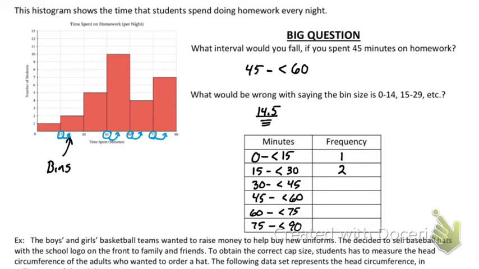How many people did 30 to 45? Five. The next one is 10. And then 4. And finally 7. All right, questions on a frequency table, how it relates to our histogram.